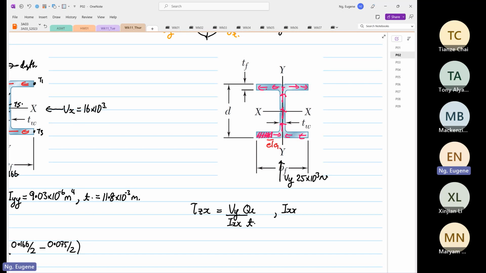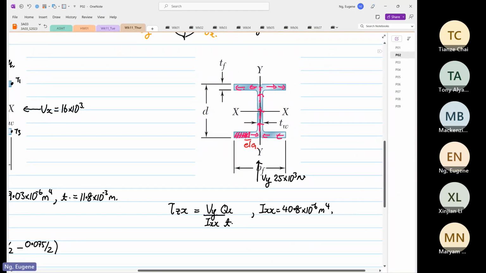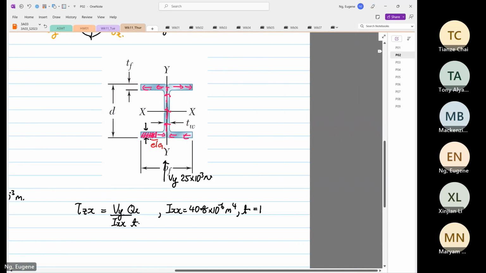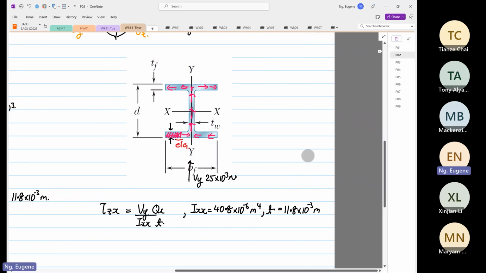We can determine our Ixx from the table, it is 40.8. And then we know the thickness, so it's also 11.8. The thickness is 11.8 times 10 to the power minus 3 meters.